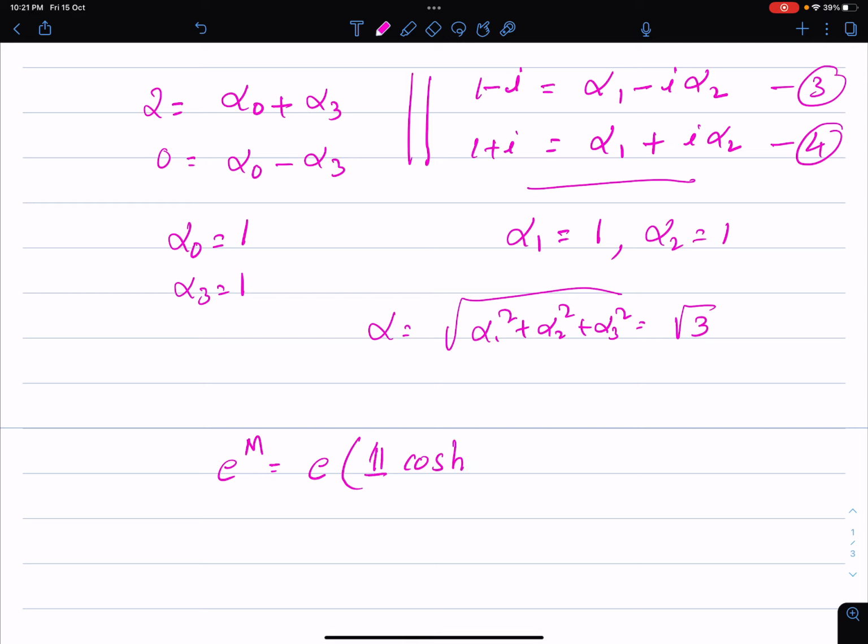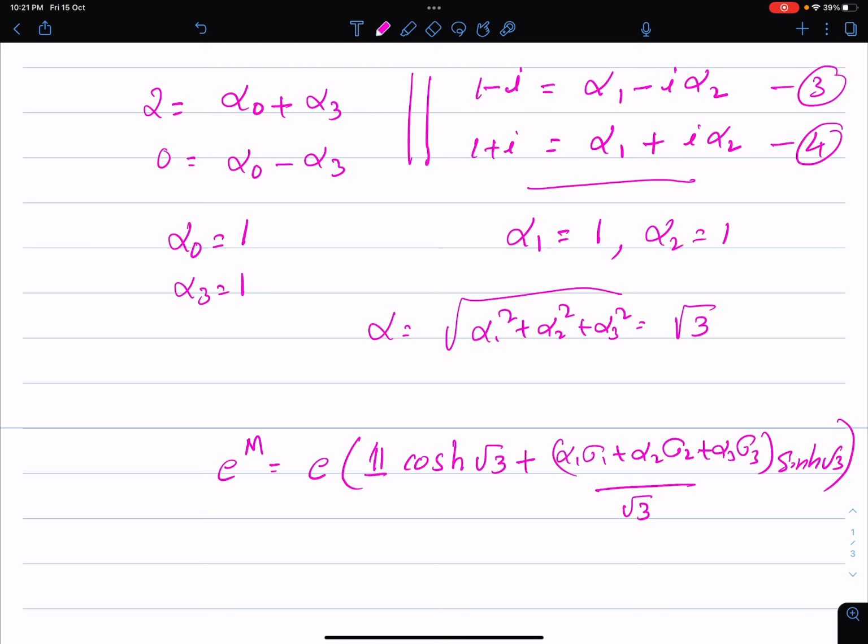hyperbolic alpha, alpha is root 3, plus alpha dot sigma, that is alpha 1 sigma 1 plus alpha 2 sigma 2 plus alpha 3 sigma 3, divided by alpha, that is root 3, sine hyperbolic root 3.